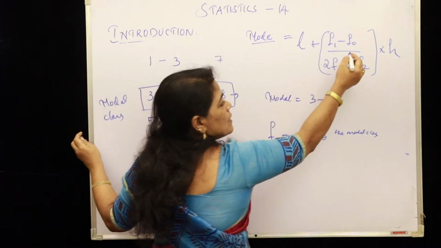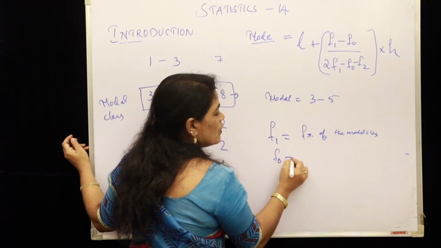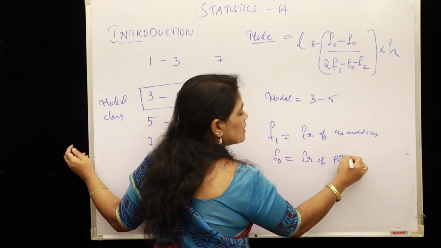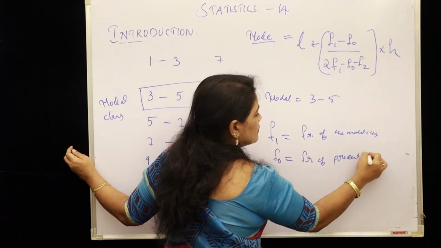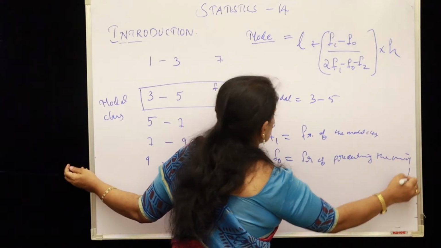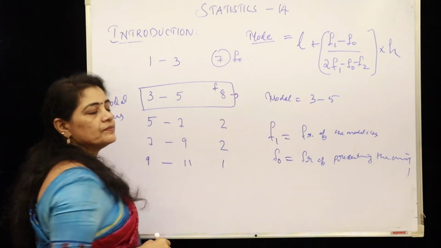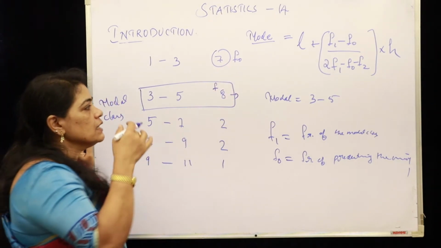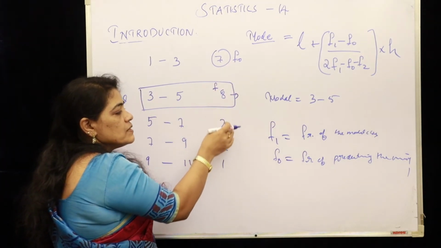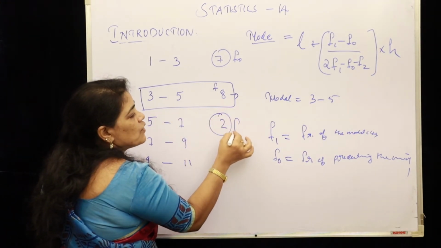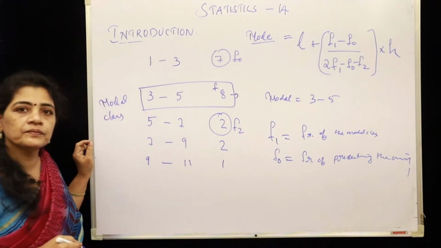F0 is the frequency of the class preceding the modal class, that is 7. And F2 is the frequency of the class that comes just after the modal class. Here this is F2, that is 2.